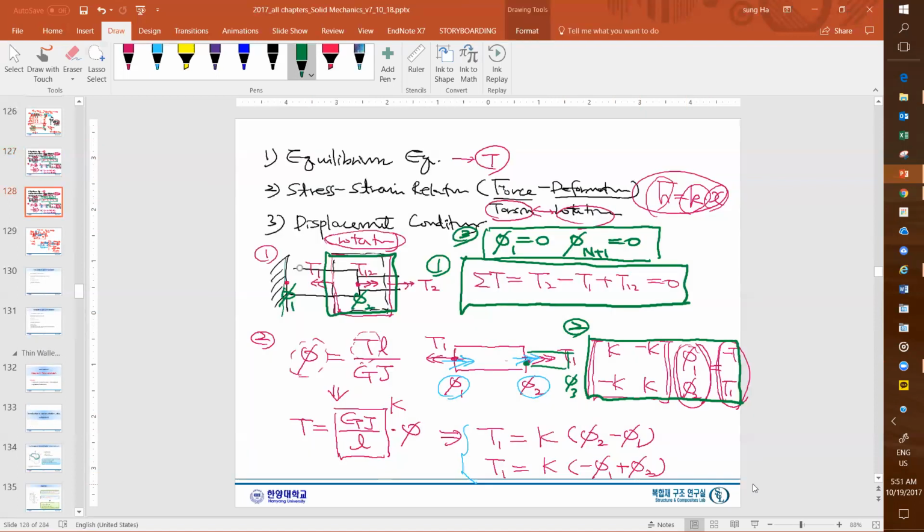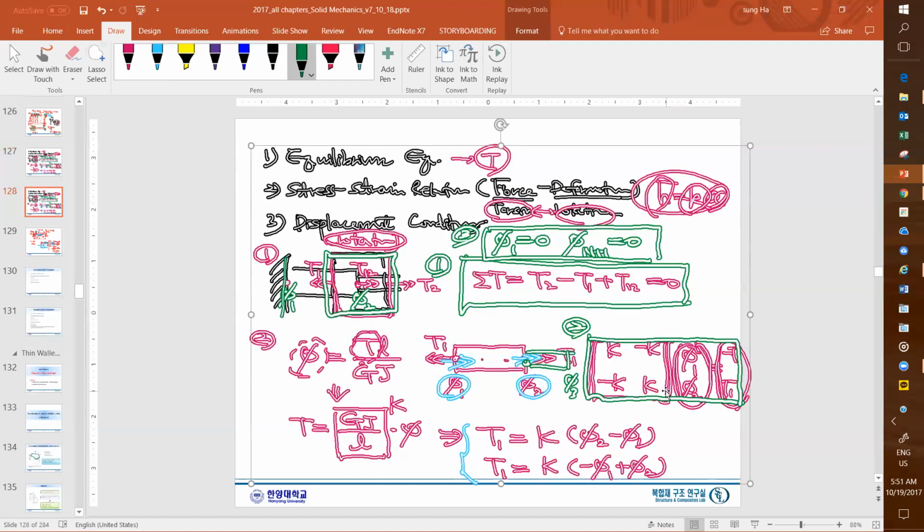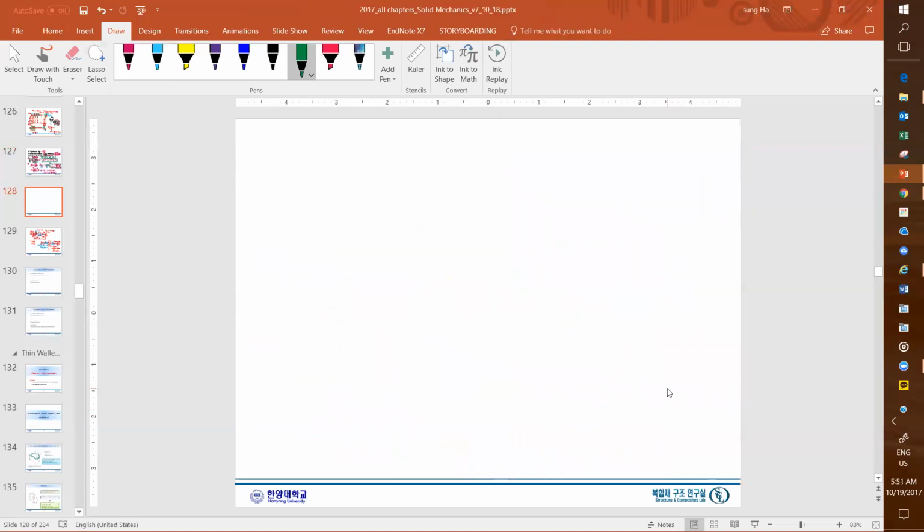Okay, I'm going to just delete this. So first one, we have K, minus K, and minus K, and K. Say this one is phi1 and phi2, right?